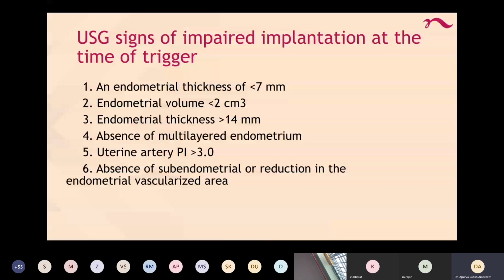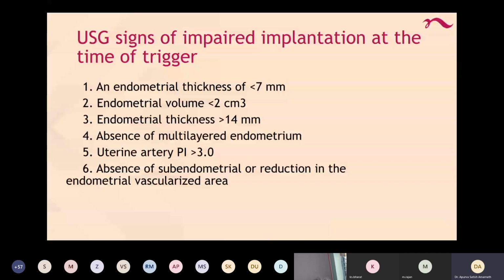So another factor that we look at is the endometrium, because that is also an important predictor of the implantation potential. Some of the signs of impaired implantation are an endometrial thickness of less than 7 millimeters, an endometrium volume of less than 2, an endometrium that is too thick, more than 14 millimeters, absence of a multi-layered endometrium, uterine artery PI of more than 3.0, and absence of subendometrial or reduction in the endometrial vascularized area.